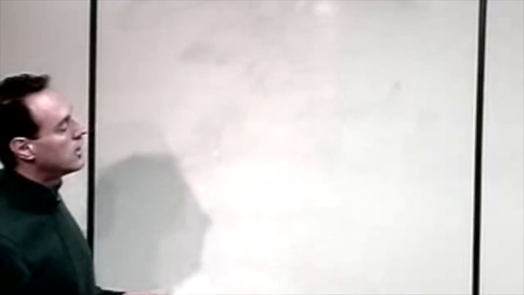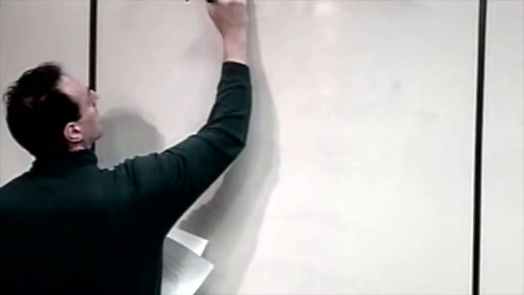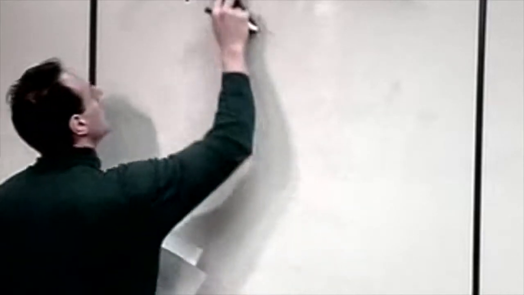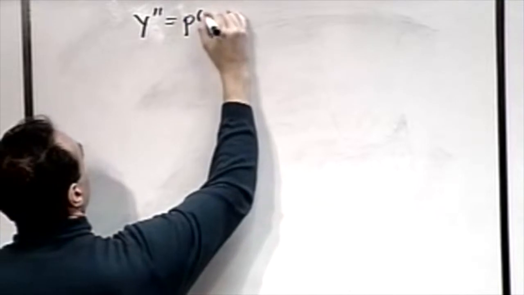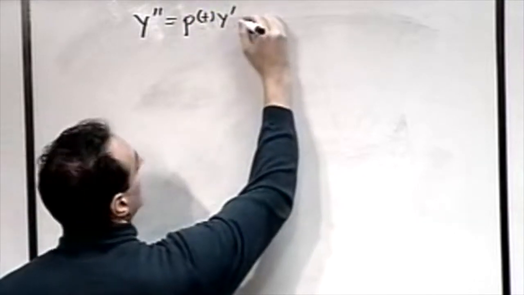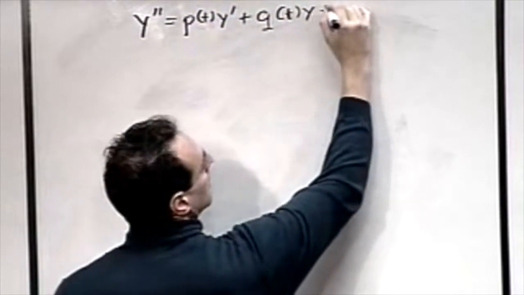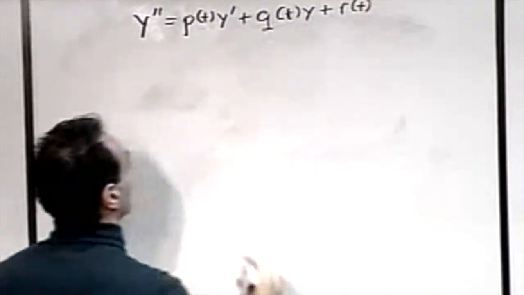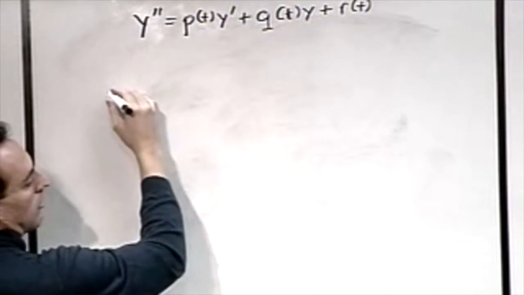Okay, so this equation says y double prime is equal to p of t, y prime plus q of t, y plus r of t. General formula, linear. Notice, okay, second derivative. Well, second derivative, I gave you the formula over there.